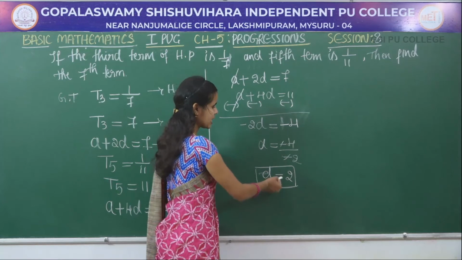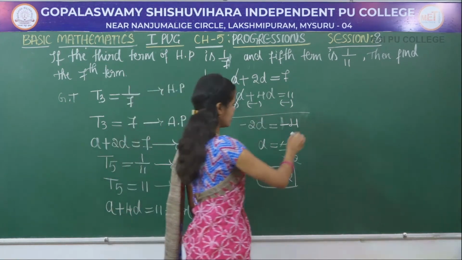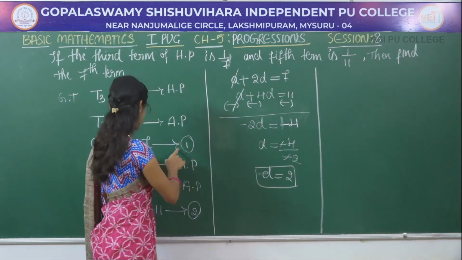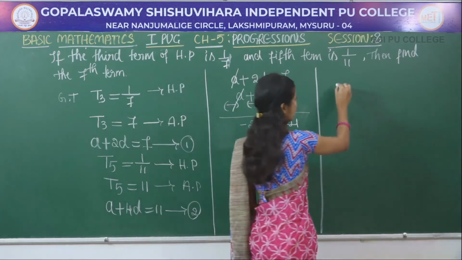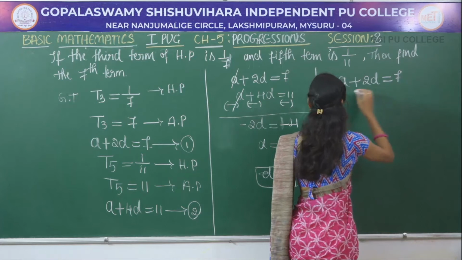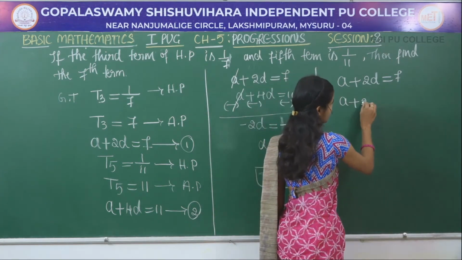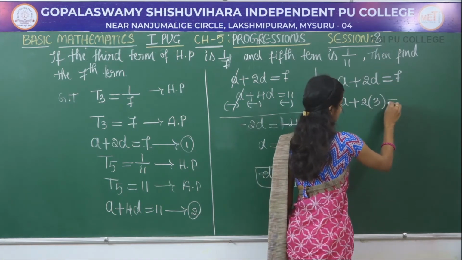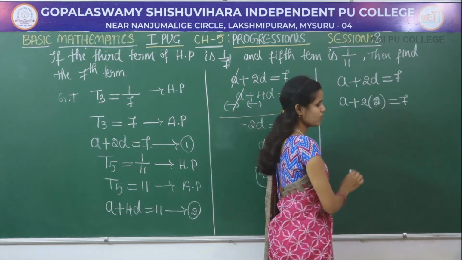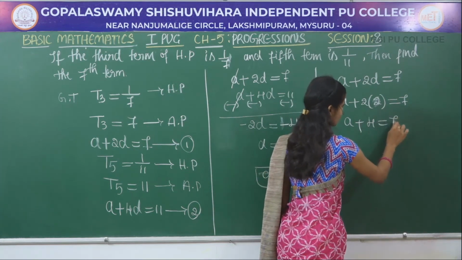Next, by substituting D equal to 2 in any one of the equations, find the value of A. Put D equal to 2 in equation 1. Equation 1 is A plus 2D equals 7. Substituting D equal to 2, A plus 2 into 2, which is 4, is equal to 7.